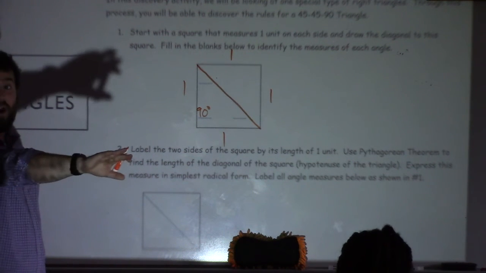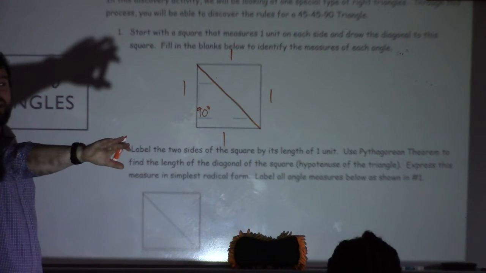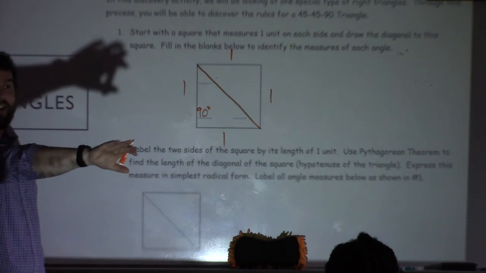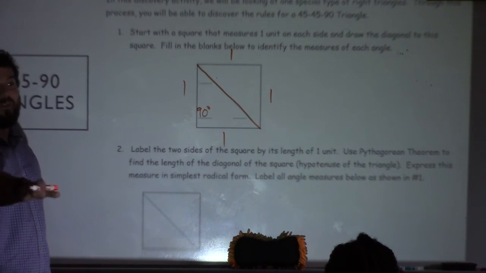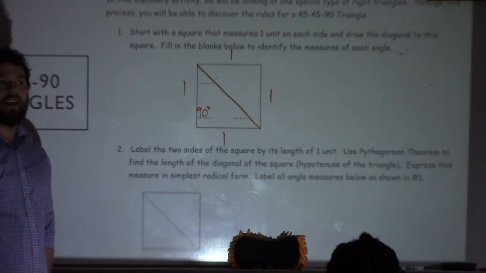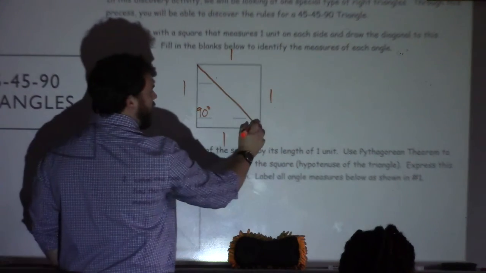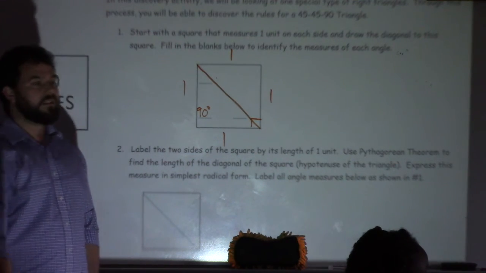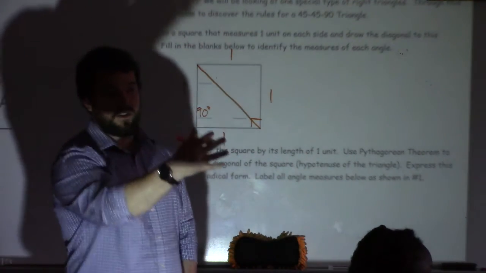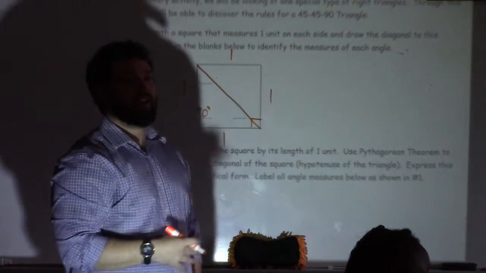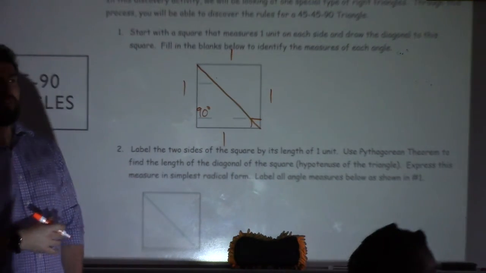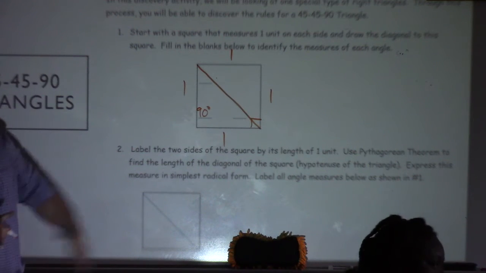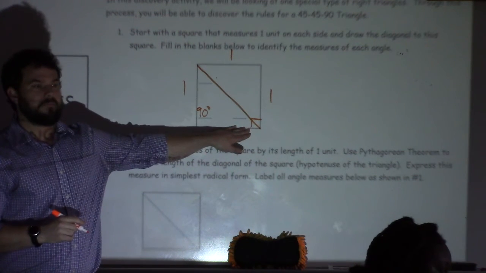Okay, let's use our logic here. It's a 45, 45, 90 degree triangle. That's all we care about, right? So what do you think this entire angle measure is? That would be a 90 degree angle, wouldn't it?